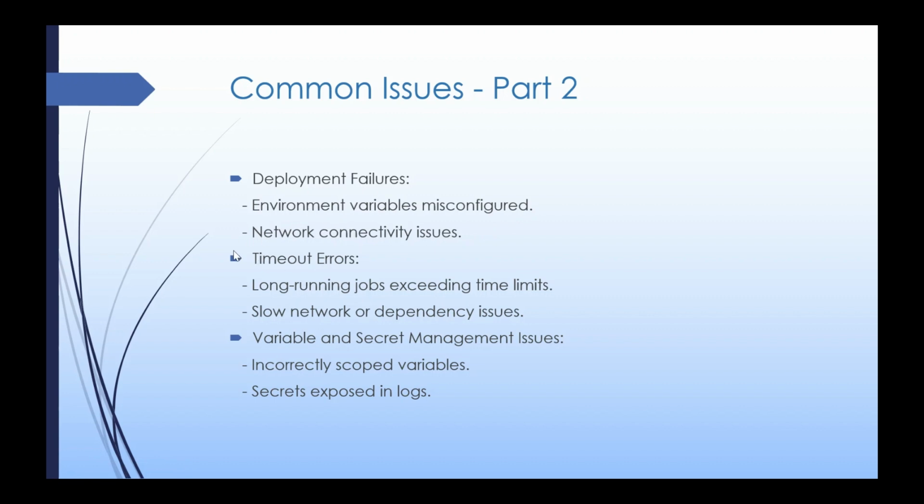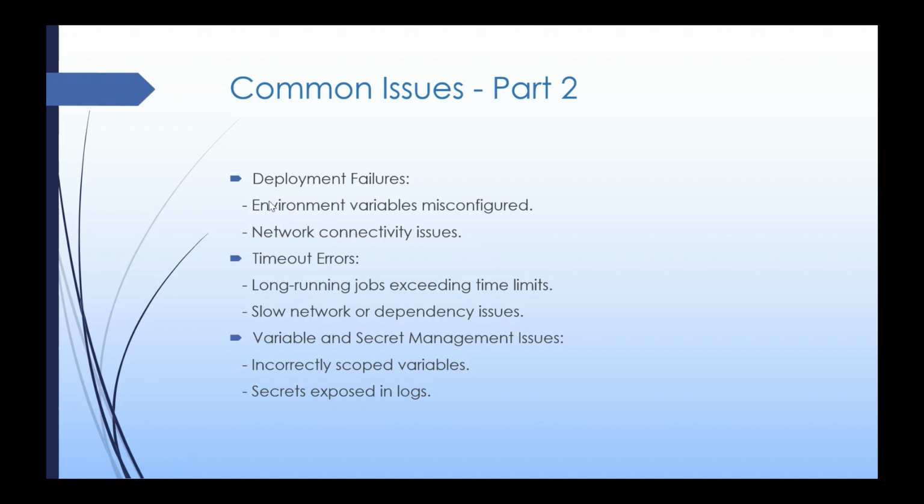In some cases, it fails with network connectivity issues as well. Suppose you are using a self-hosted agent and that does not have proper network connectivity, then sometimes it might fail to reach some URLs. For example, if you are connecting with Azure, it needs to connect to management.azure.com in the backend.